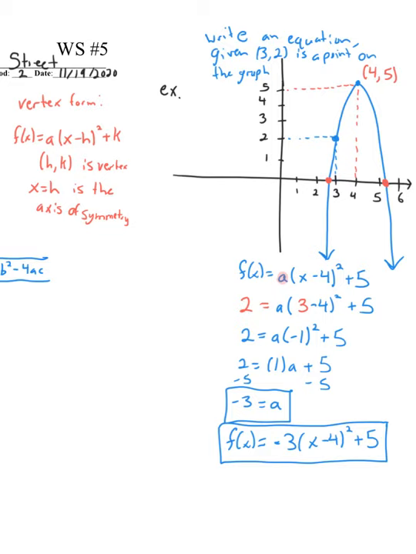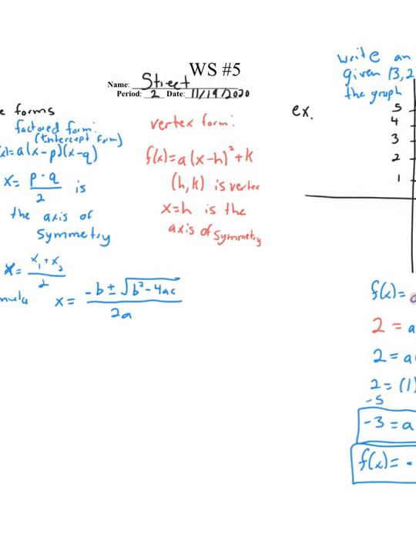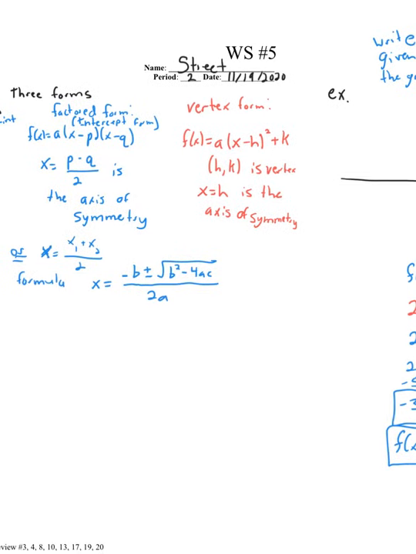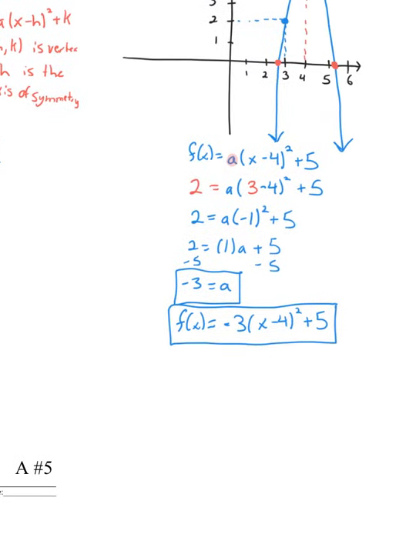If you were doing this in factored form, I would use the 2 x-intercepts, (x minus p)(x minus q), and then again use another point to solve for the a value. Okay, and then after I've got it written like this, I could technically put this in standard form if I wanted to. Right now it's in vertex form.